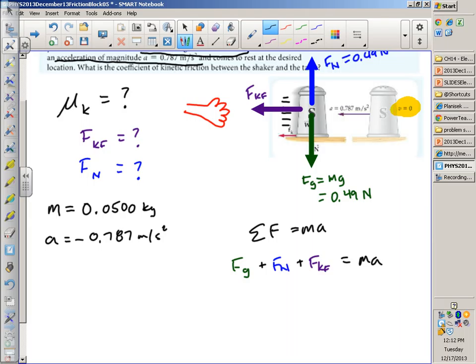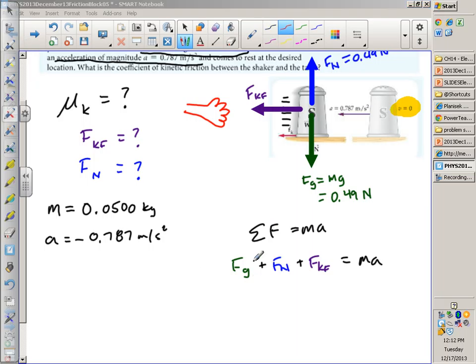Now, to make our lives a little easier, we're not cheating, we're just using prior knowledge, right? We have written down that 3 forces make up the net force in this problem, and that's true. But what have we already established about 2 of those forces? Two of those 3 forces cancel each other out.